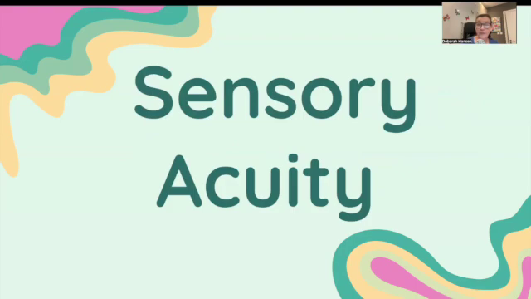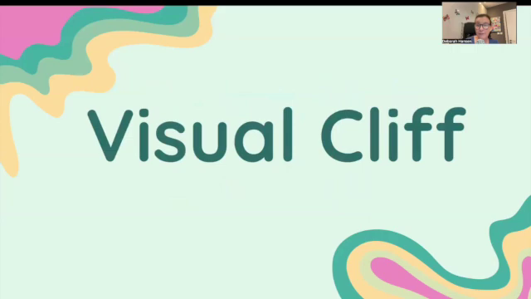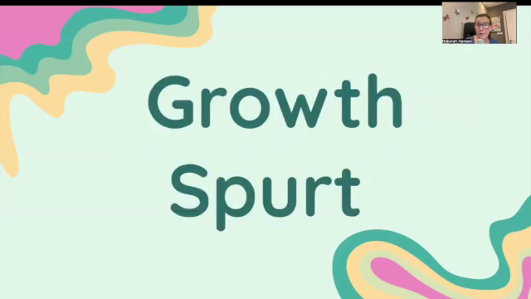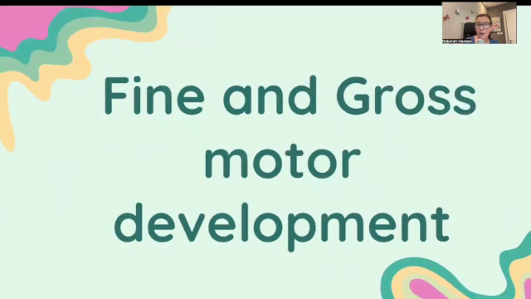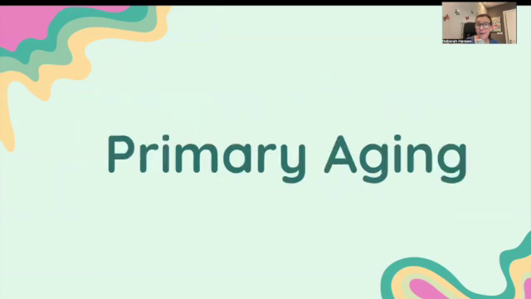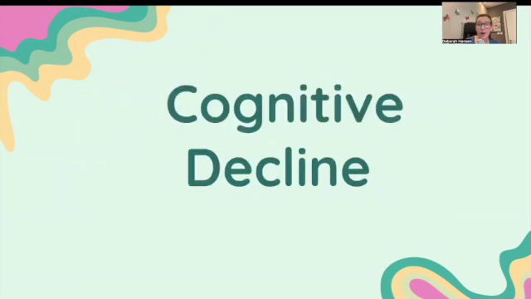And these also will always be good to have examples with, right? Visual cliff. Growth spurt. Lifespan development. Fine and gross motor development. Primary aging. Cognitive decline.